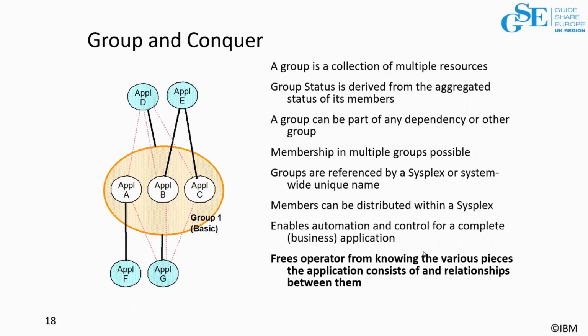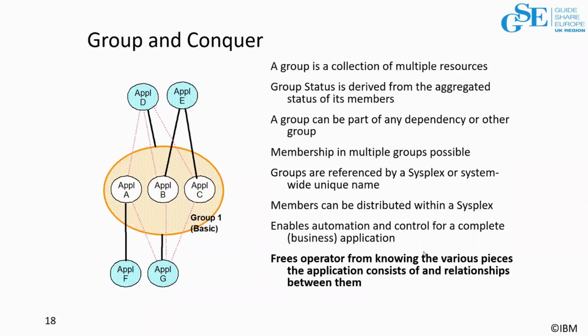So groups are another powerful function. It's a collection of multiple resources, and the overall status of the group is derived from the aggregate status of the members of the group. A group can be part of any dependency, like a group can have a parent relationship to something else, or a group could be a member of another group. A resource can be a member of multiple groups.